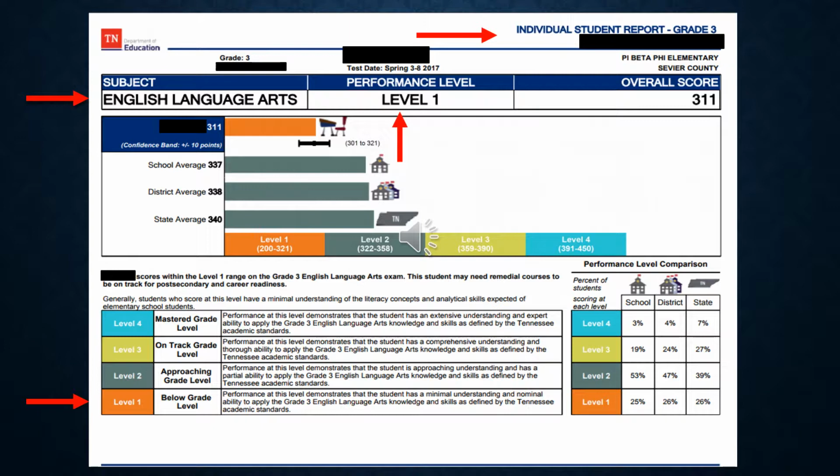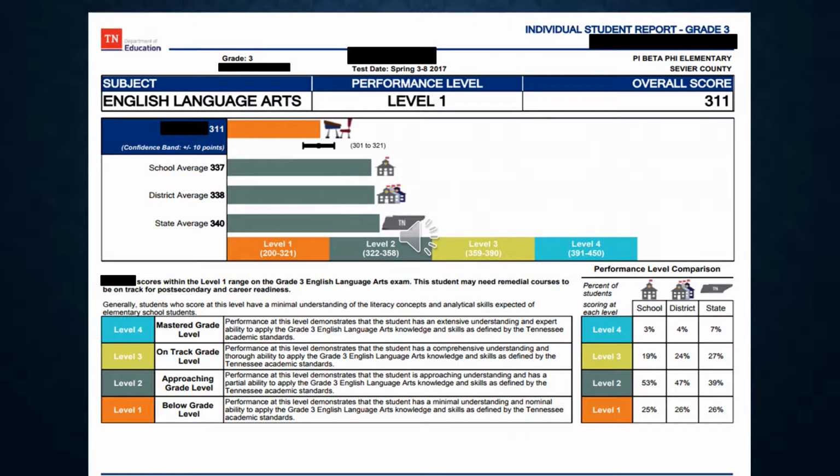You will also notice the overall score in the top right-hand corner. So this student's overall score was 311.